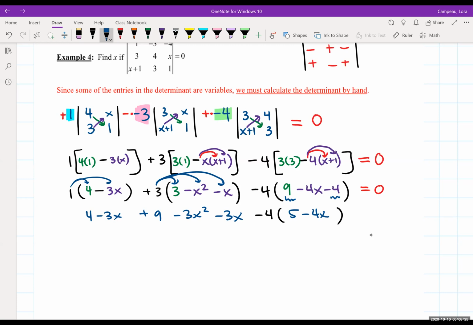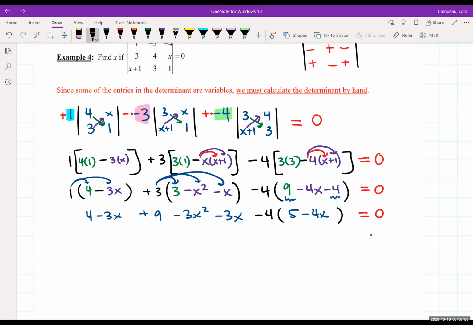If you can mentally distribute, or if you feel that it's unnecessary, then just be really careful. I'm really big on writing out my steps in these types of processes because it is so easy to lose a negative sign here or there, and then you get really confused as to where did I go wrong. So just take your time and be patient. We have a lot of paper or room for that, so I like that.